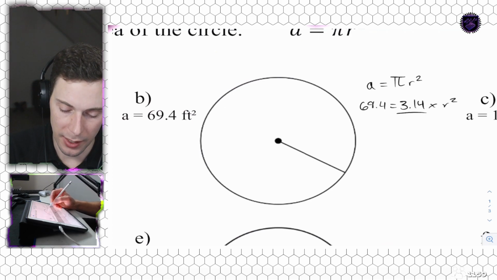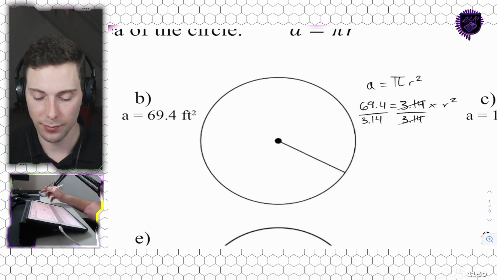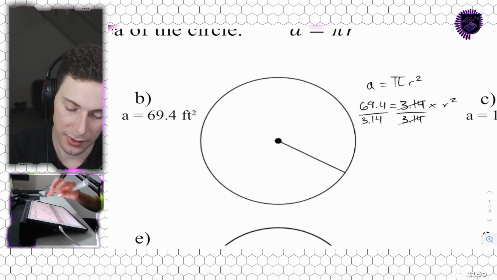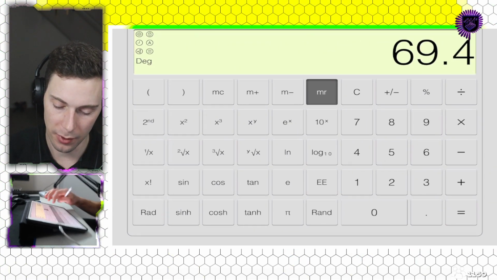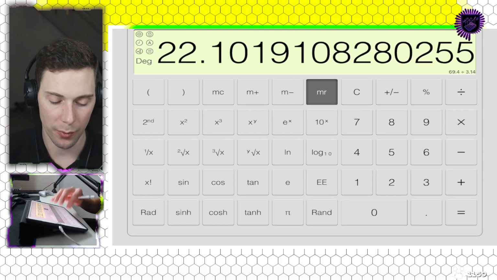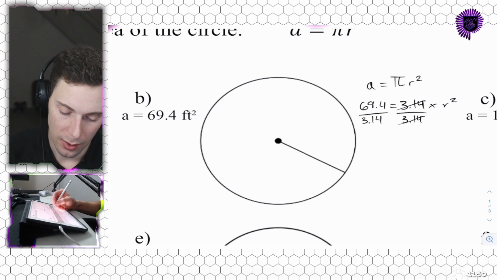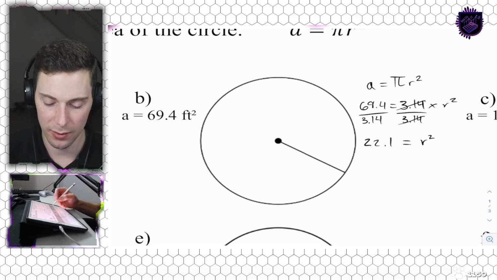We can divide by 3.14 on both sides. It cancels out on this side. And on this side, it equals 69.4 divided by pi. 69.4 divided by 3.14 equals 22.1. 22.1 is equal to the square of the radius.